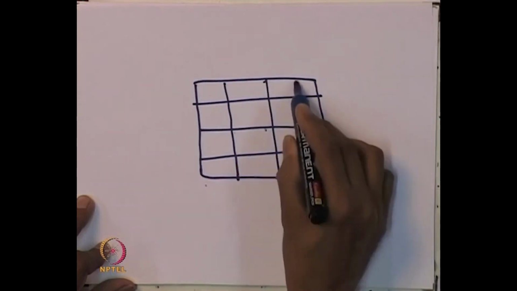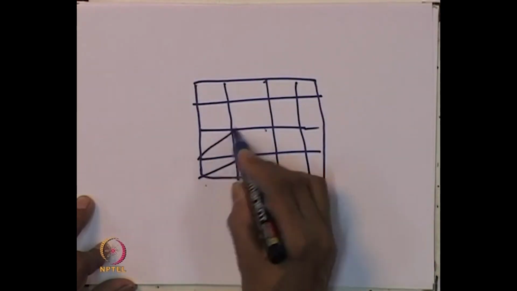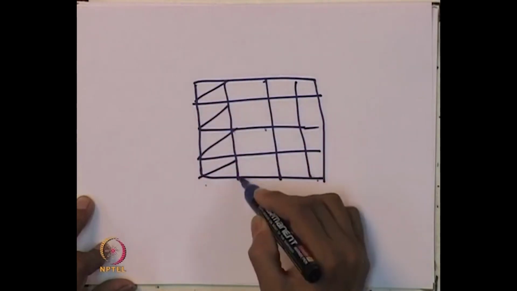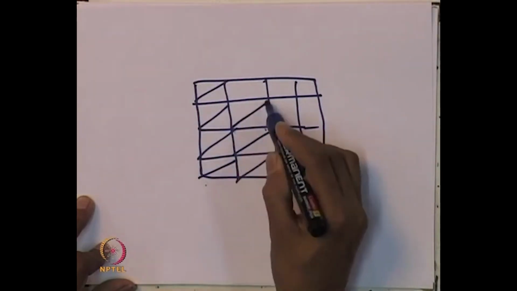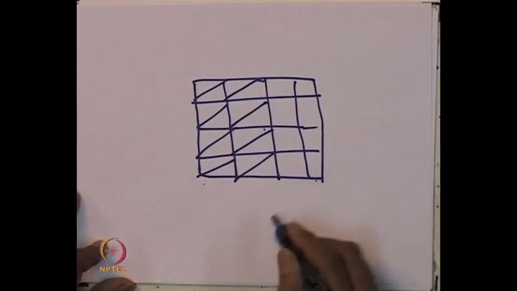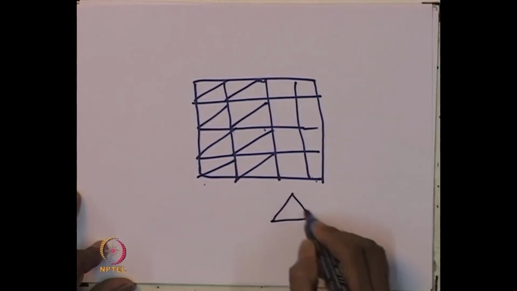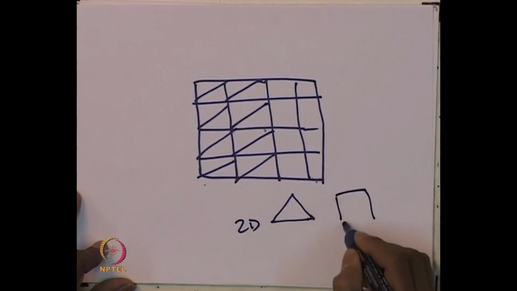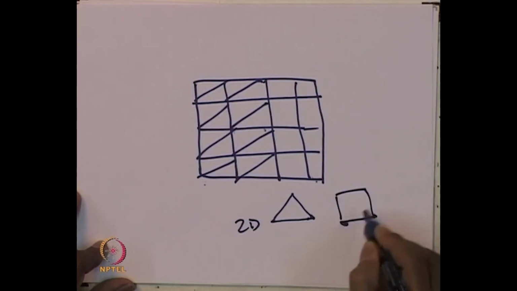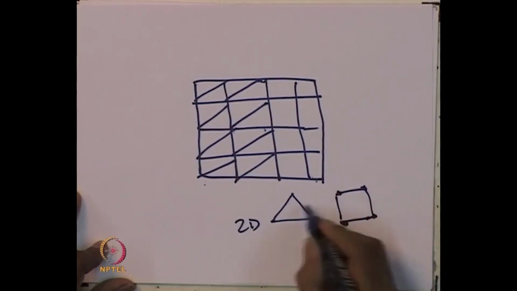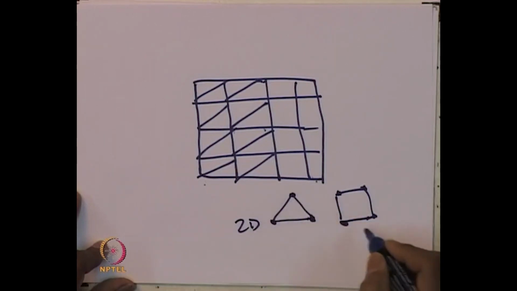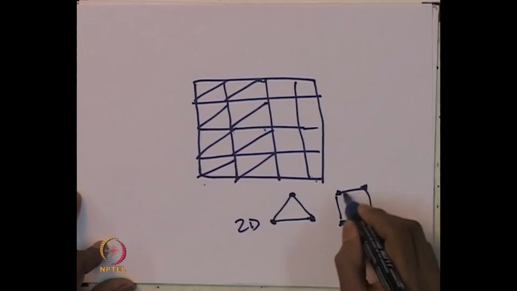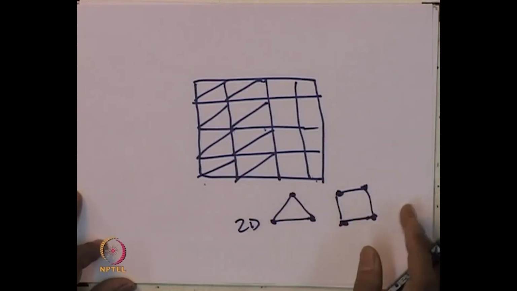Here we can use triangle elements or rectangular elements or combinations of these elements. This is the so-called triangle element in 2D, and this is the so-called rectangle or square element in 2D. For a triangle element there will be 3 nodes, and for rectangular elements 4 nodes when we consider linear variations.